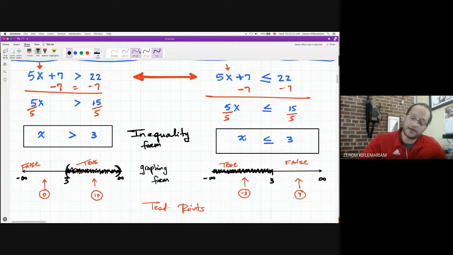As I said earlier, infinity will always be a parenthesis. But this time, I have less than or equal to, meaning because of the equal to, it becomes a bracket. The reason it's a bracket is that the number 3 is acceptable as part of the answer.